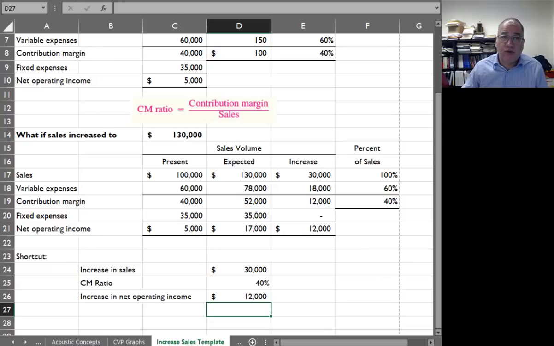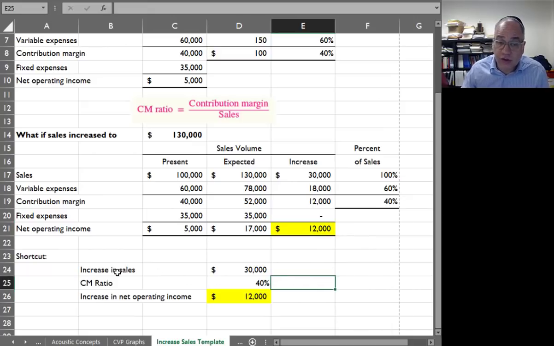That's the same as what we had over here. No coincidence, this is just a shortcut. Because contribution margin ratio always tells us how a change in sales is going to impact net operating income. And that's what we want to know when we make decisions, right? We want to know how is this going to impact net operating income.